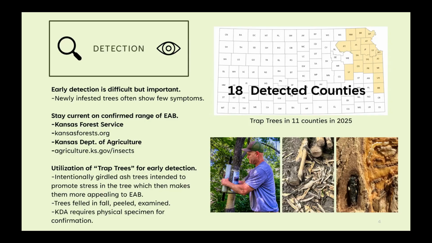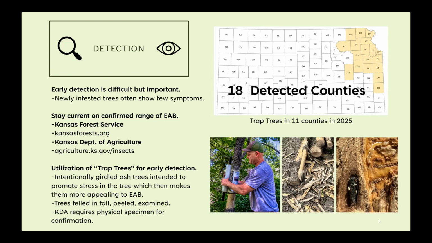The trap trees are typically installed in spring prior to adult emergence. And again, that would allow emerald ash borer seeking host trees to seek out these stressed trees as hosts. And then later in the fall, the trees are felled, peeled, and then carefully examined for insect specimens.